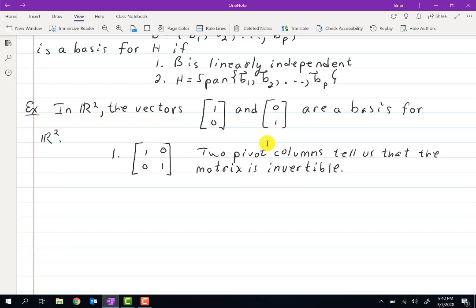So as a matter of fact, we don't just have one, we also have two. Span, it does span because of that. So both of these things are all because we have two pivot columns, or the matrix is invertible, whatever way you want to look at it. You can even, if you want to, take its determinant. The determinant is 1. The determinant is non-zero, so there's another way we could have done it.